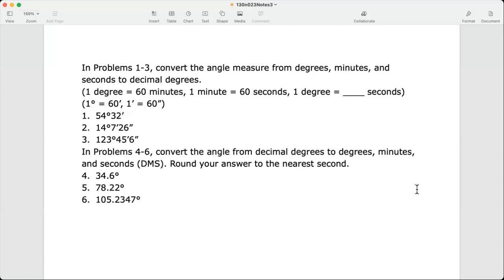So one of the things that comes up in our homework is the different ways we measure parts of a degree. One of the ways we measure parts of a degree is just with decimals. We can have things like 36.9 degrees. So we can have decimal parts of a degree. But another way that we measure angles is in degrees, minutes, and seconds.